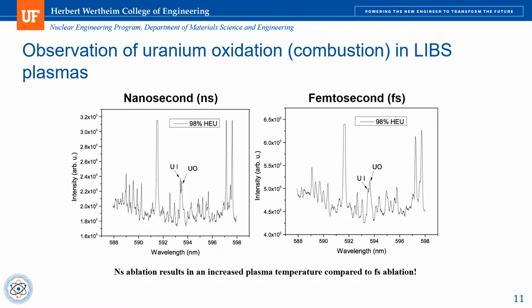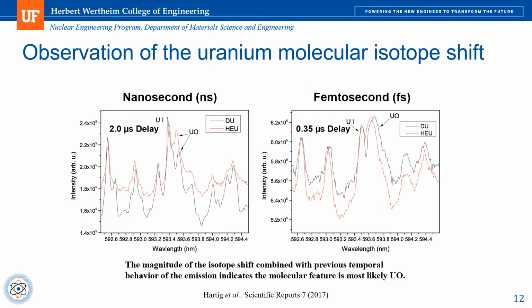With the femtosecond plasma, a little bit of a cooler plasma, but due to the delay times, optimizing signal to background resulted in a little bit more broadening being present from earlier time measurements to optimize how much light we were collecting. But we were successful in seeing the isotope shift in both cases, for nanosecond and femtosecond laser ablation. We can even see some small atomic isotope shift in the nanosecond case with the narrower line widths. The femtosecond is a little bit more broad and difficult to see.